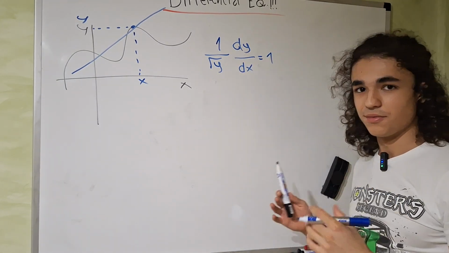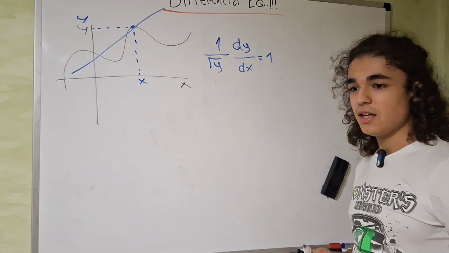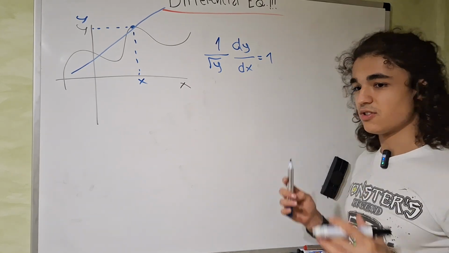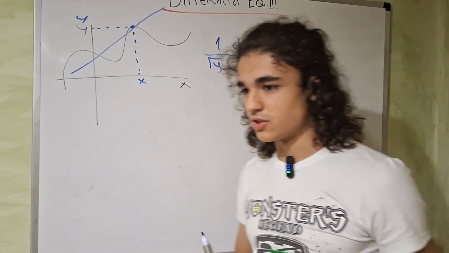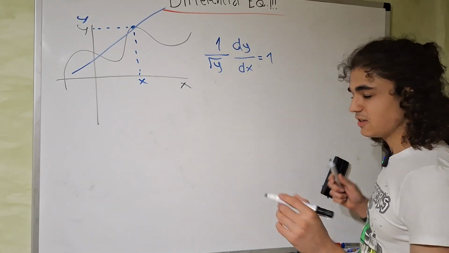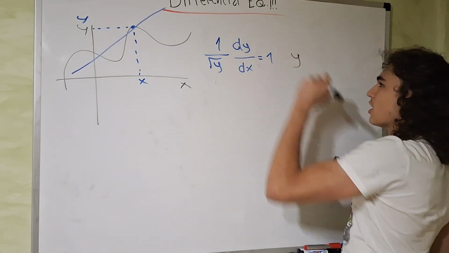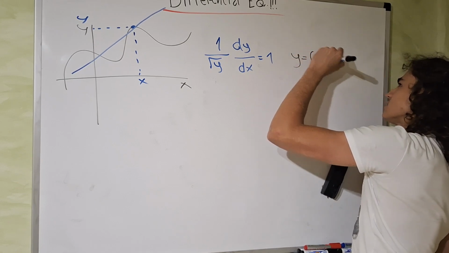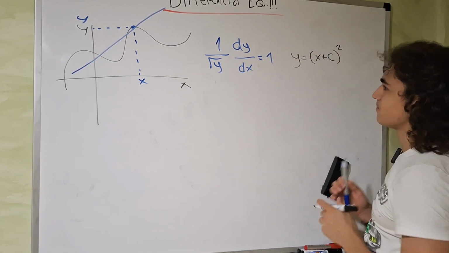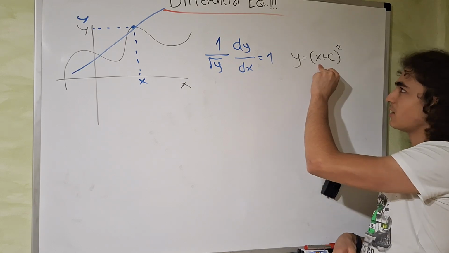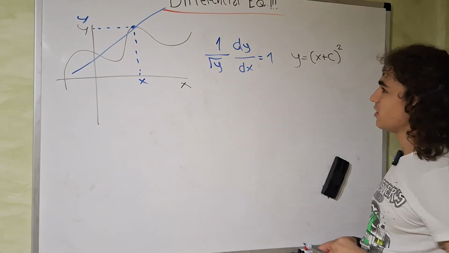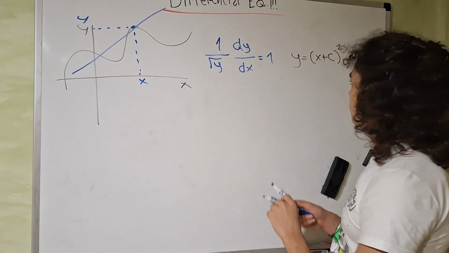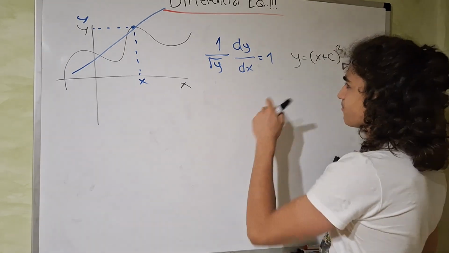Again, we're not solving the differential equation today, but we're just checking whether the solution satisfies the equation. And the solution to this differential equation, the general solution, is y equals x plus c squared. Remember, x is the independent variable, c an arbitrary constant. So let's see whether it works.